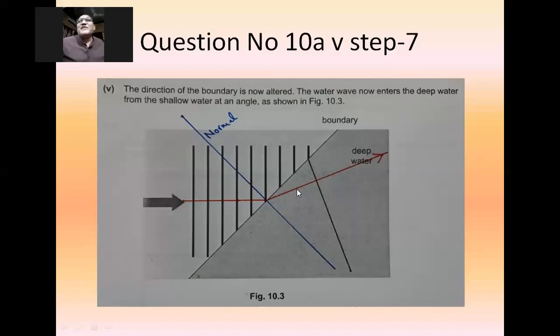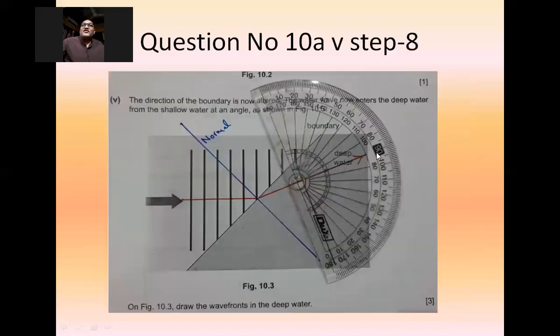I will again put the protector on this red line, which shows the direction of the wave. The 90 of the protector should be on this, and the crosshair should also be on this. And I will move it a little towards the left side. When this straight edge coincides with this point, I will draw a line there. So let me show you. Okay, so you can see I put the protector on that red line, which shows the direction of the waves.